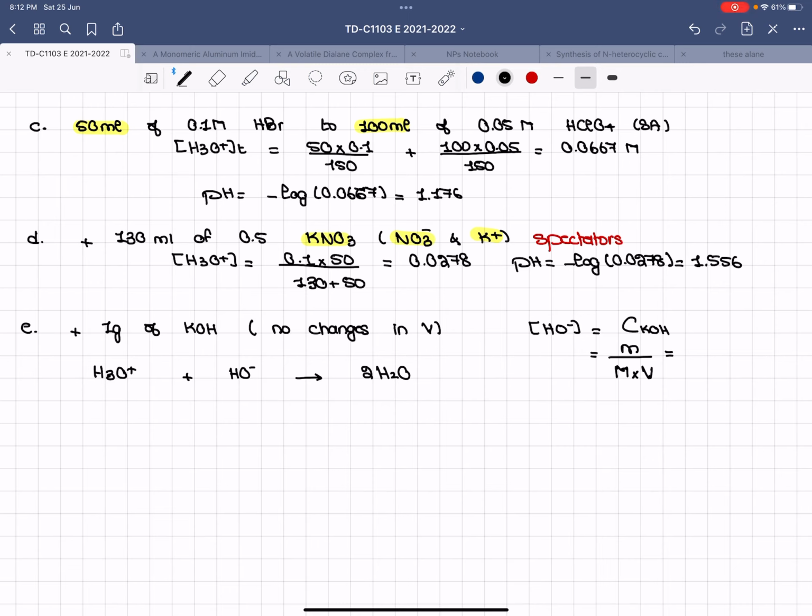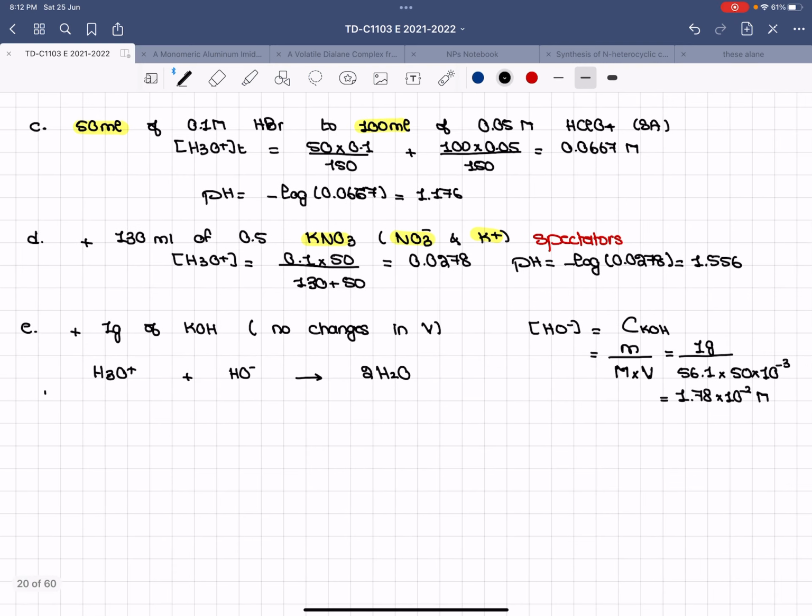So it is 1 gram divided by molar mass of KOH, 56.1, times the volume, which is basically the volume of HBr. What was it? It's 50 mL. You have to change into liters because there is nothing to cancel the milliliters. This is approximately equal to 1.78 times 10 to the negative 2 mole per liter.